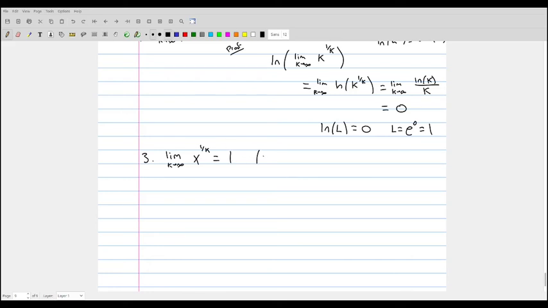This holds for positive values x. The limit as k goes to infinity of x to the k will always be equal to 0 whenever the absolute value of x is less than 1.